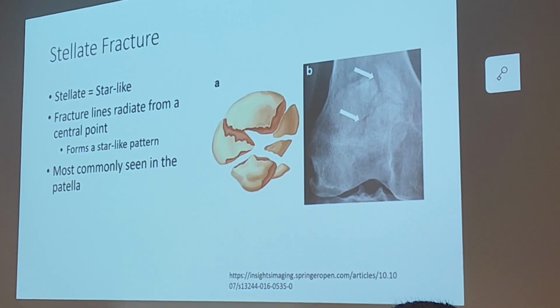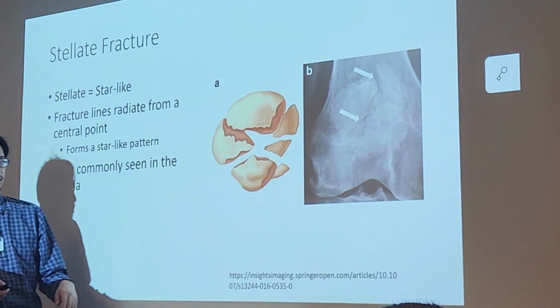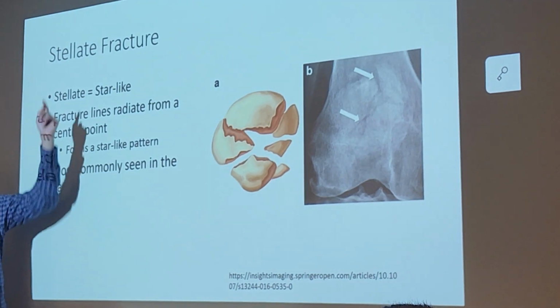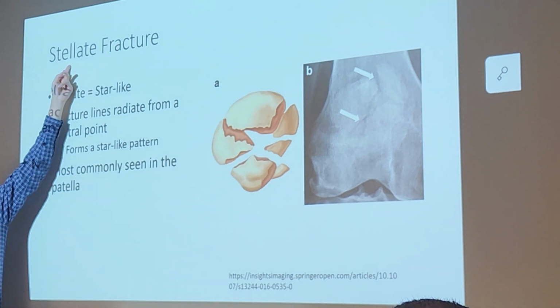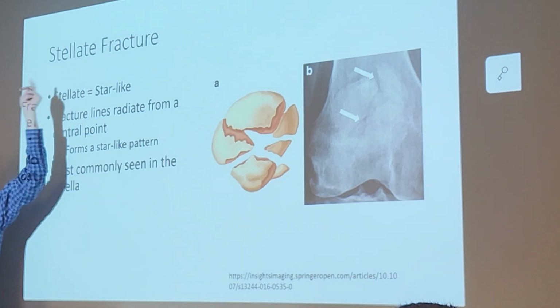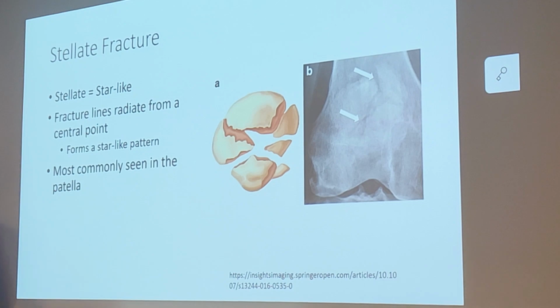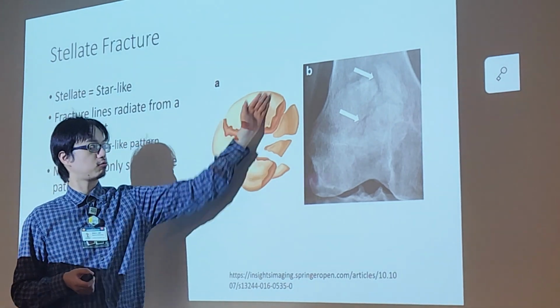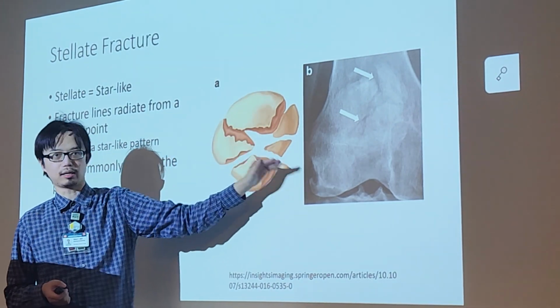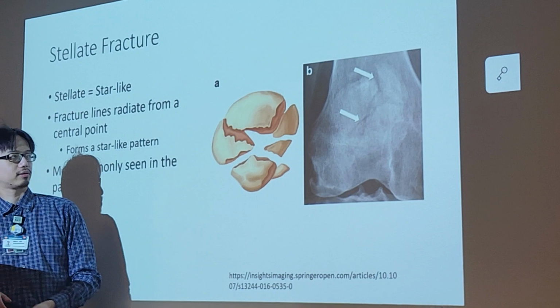Alright, and then we also have the stellate fracture. This one's different. Stellate, like Stella, stellar, star. So stellate sounds like star. The fracture looks like a star, right? The fracture radiates out like a star. It looks like a star pattern.